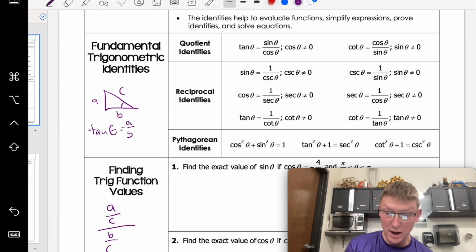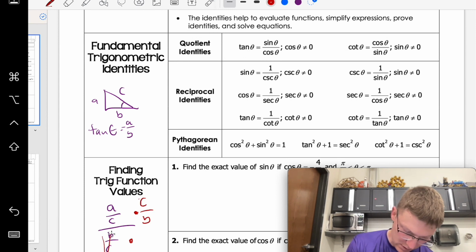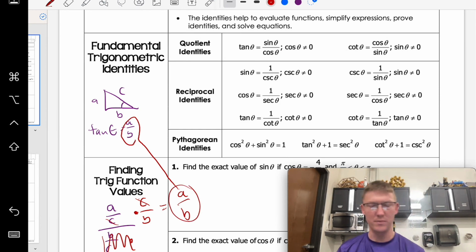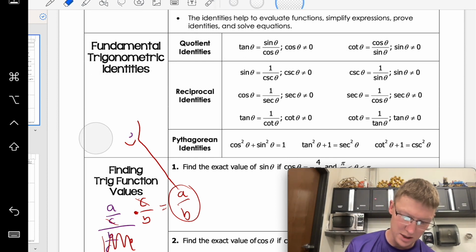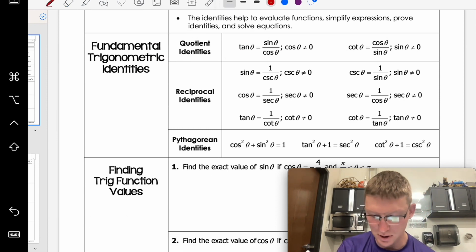As I'm sure you remember, to deal with this complex fraction, we multiply the top by the reciprocal of the bottom, so it's C over B. Then our C's cancel out, and you'll see that we have A over B, which is the same as tangent. So that's one way to think about these. There are also more complicated proofs that we may or may not get into, but that's at least one thing to think about.